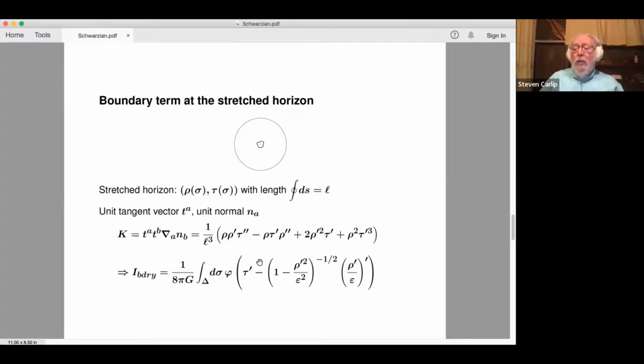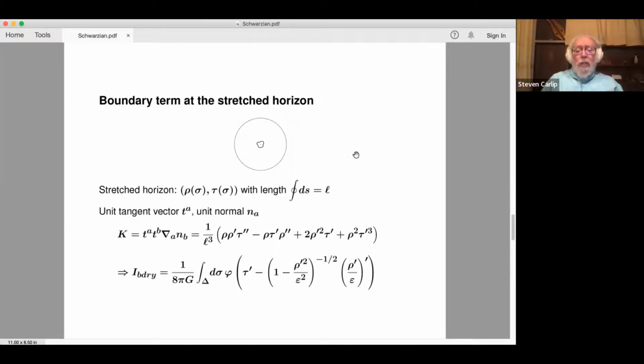But the way to get that term is to consider the theory on a manifold with a stretched horizon, sort of flipping the picture of nearly anti-de Sitter space. We're now putting a small curved line right around rho equals 0, right around the horizon. Then you can take that to be a circle and take the limit as its radius goes to 0, and the boundary term is not 0.